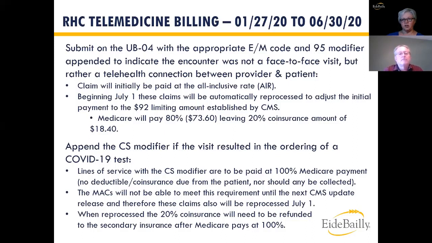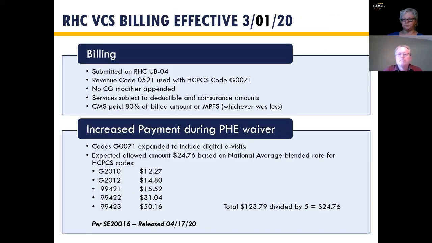Then effective July 1, they will reprocess it, pay you at 100%, and they will take away that coinsurance amount that they had originally established. So you can expect that you will be refunding secondaries when they automatically crossed over on that initial claim submission.